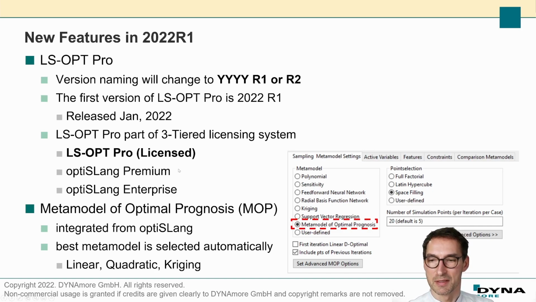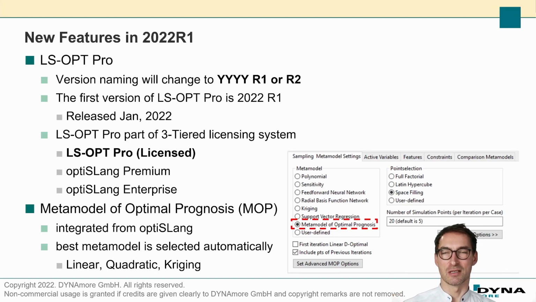What I want to point out is one of the most important updates, the so-called Metamodel of Optimal Prognosis. Remember what I told you before: when you do optimization and you work with response functions, you have to decide what kind of model you use for the response function, polynomial, feed-forward neural network, and so on. For this you need experience.